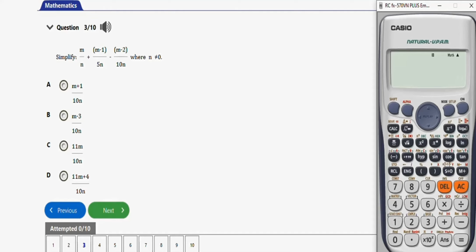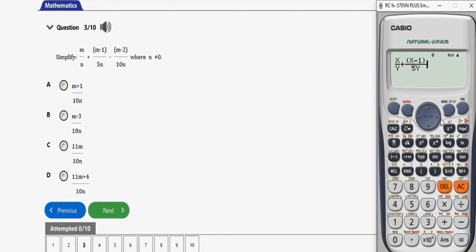So now let's evaluate this algebraic fraction. Our m is our x, alpha x, over y. Our n is our y. Then we have plus a fraction, in brackets x minus 1, close the bracket, over 5, our n is y.